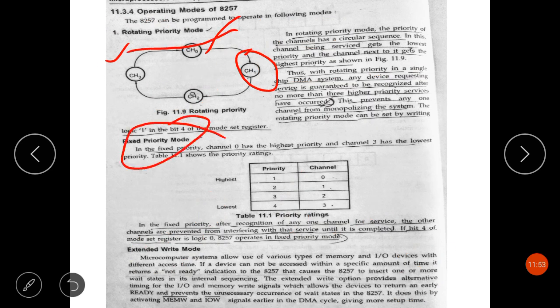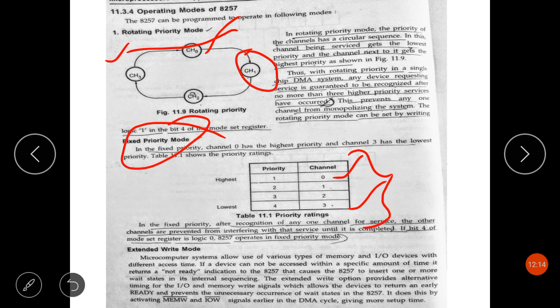In fixed priority mode, the channels have priorities in this way. Channel 0 has the highest priority, and channel 3 has the lowest priority. After recognition of any channel for service, the other channels are prevented from interfering with that service until it is completed.